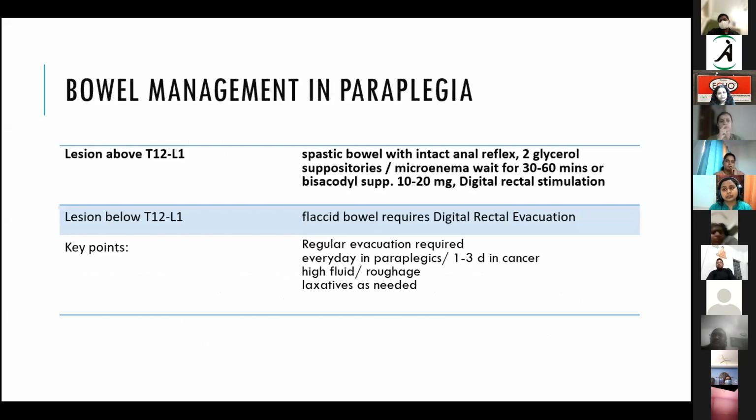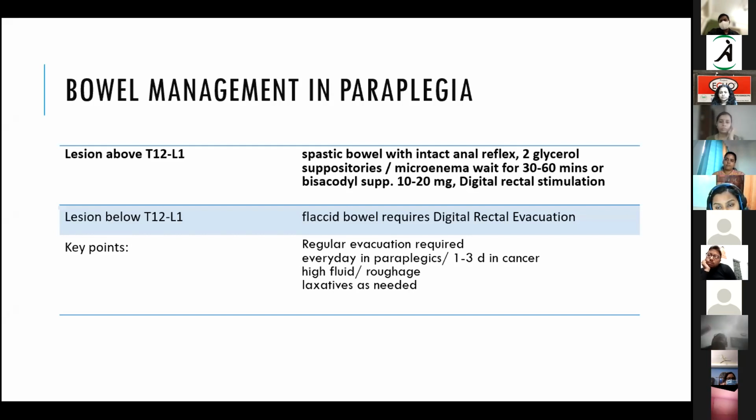I talked earlier about paraplegia, where depending upon the level of the lesion, there is a different way of setting up a bowel regimen. So very commonly you find patients with lesions above the T12 L1 area, they might tend to have more of a spastic bowel with intact anal reflexes. So more of stimulating agents or direct rectal stimulation can help them evacuate their bowel.